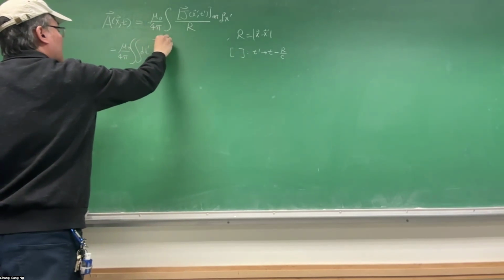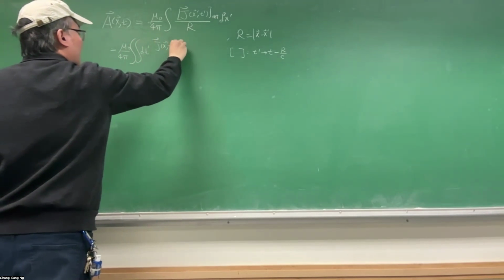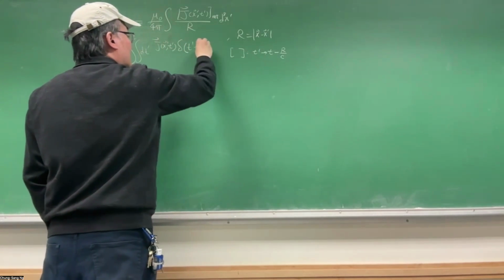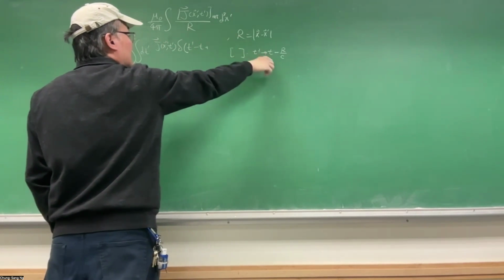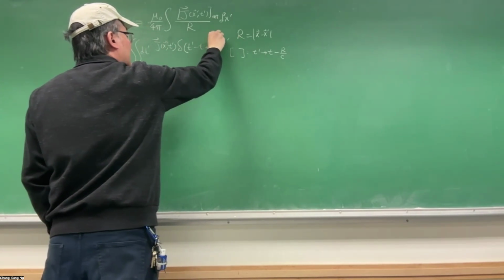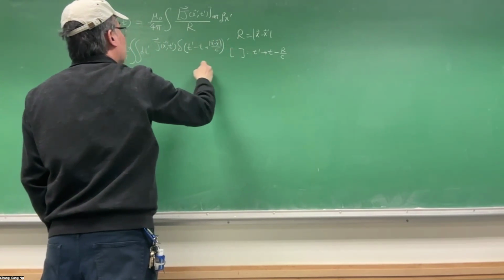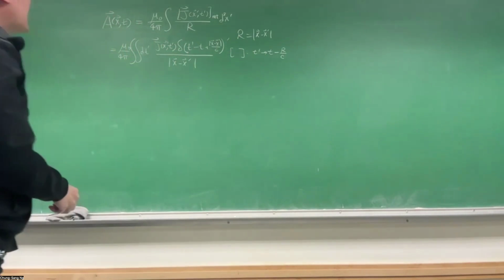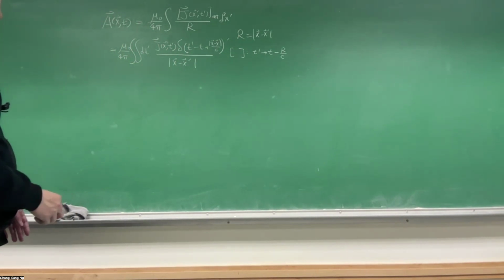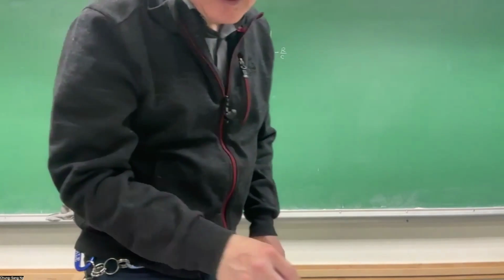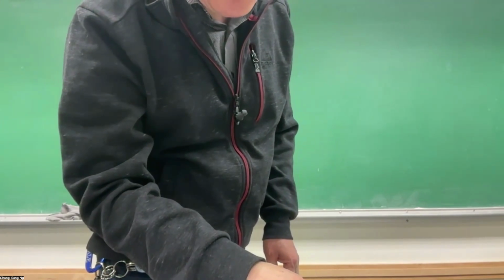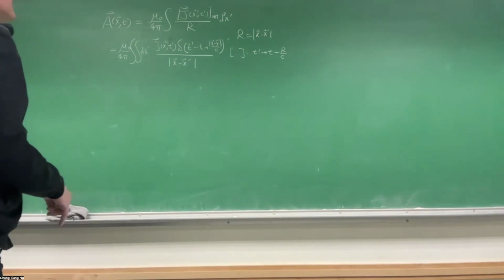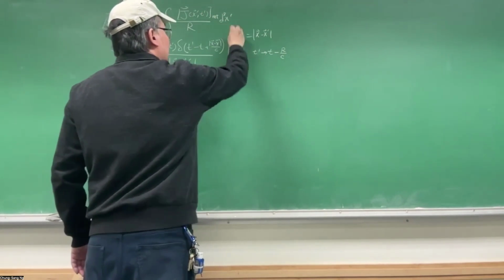This is J(x', t'), and then put in a delta function, delta of t' minus t plus R over c, where R is |x minus x'|, and then divided by R. But this is just the same. I think this is just equation 9.2. Okay, so this is fine.